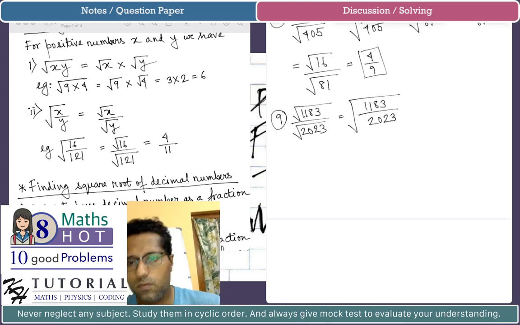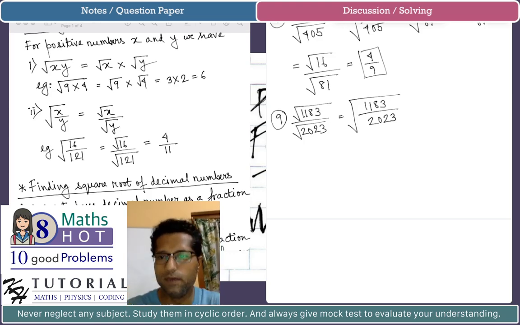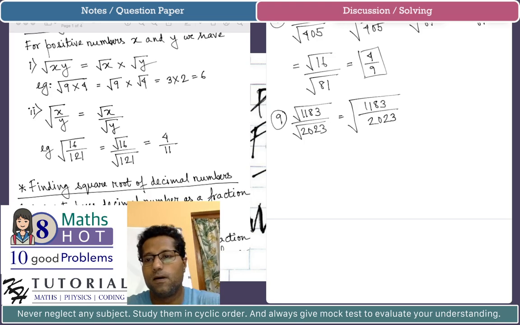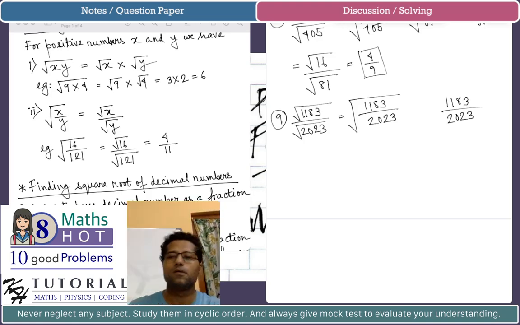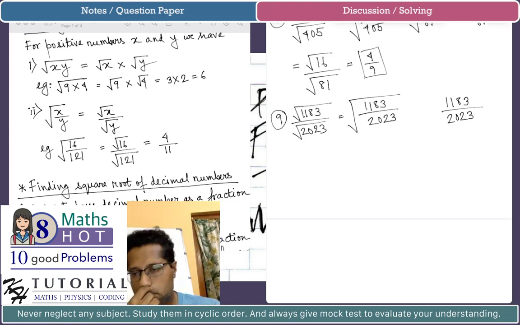Okay, now how do we cancel out 1183? How do we simplify 1183 and 2023? Now there is a way of finding the HCF of two numbers.